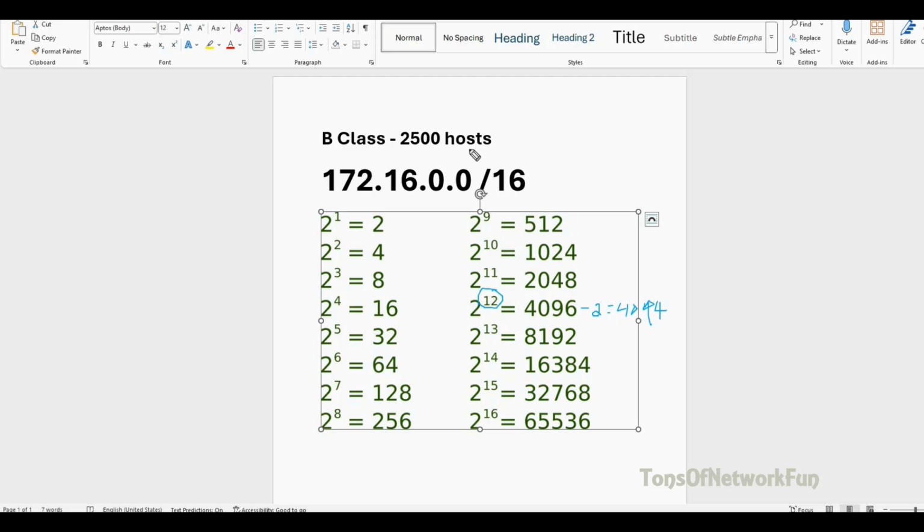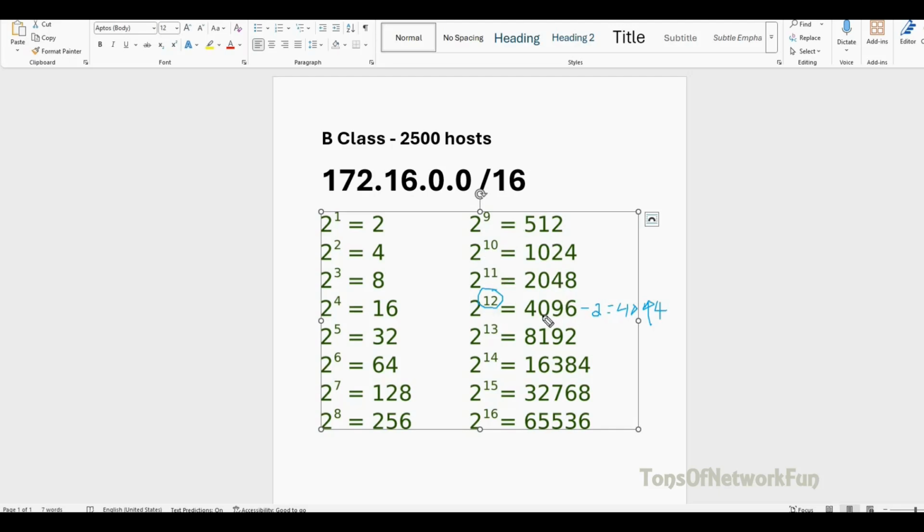That's where in VLSM we can do more breakage of the subnet of the entire network, but FLSM is fixed. However, those addresses can be used for future use, like if they add any more hosts, they can give those addresses to those devices.